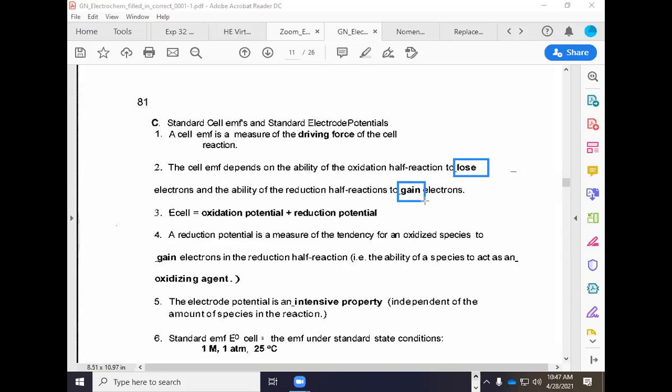The reduction potential is a measure of the tendency for an oxidizing species to gain electrons. So typically we look at reduction potentials.